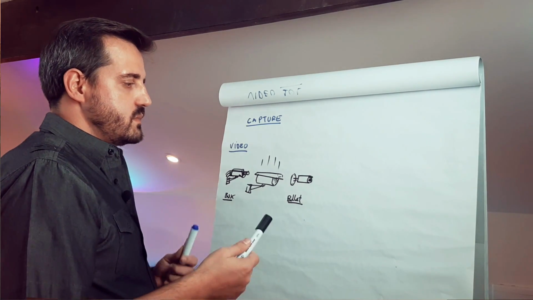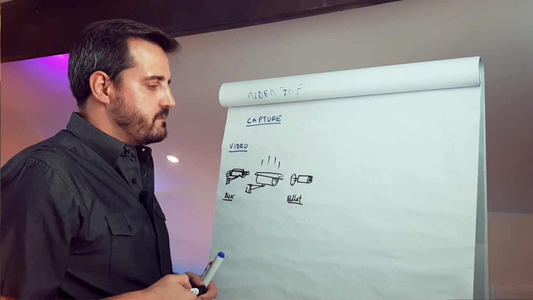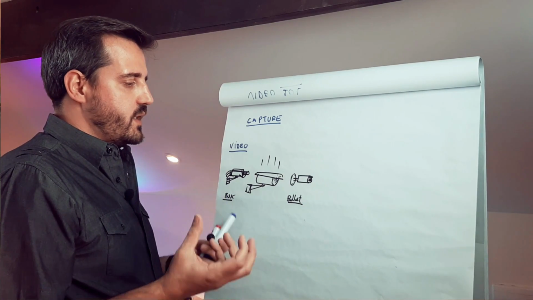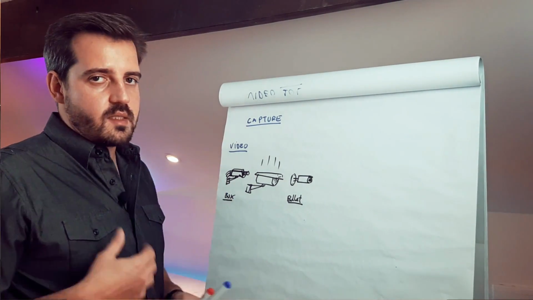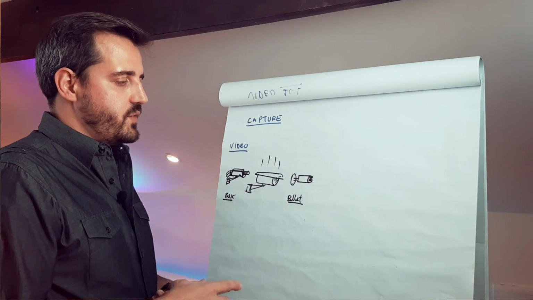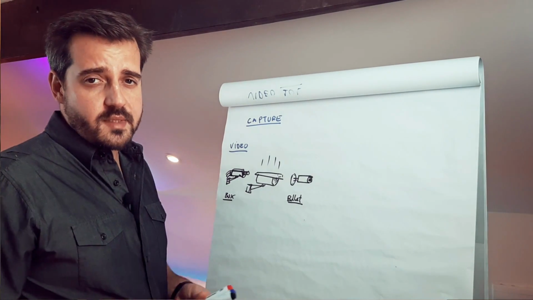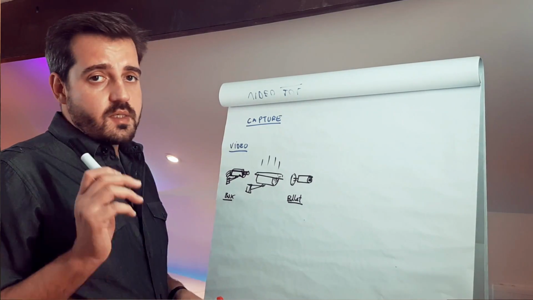And normally it's already created with a material that will be able to handle rain and sun, etc. It has some classifications like IP66, IP67, as we saw in other classes.